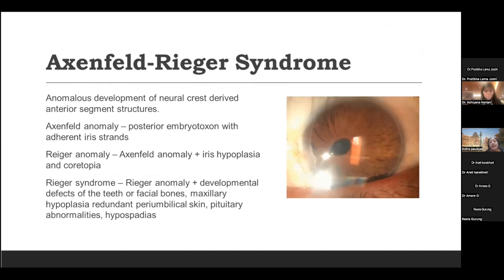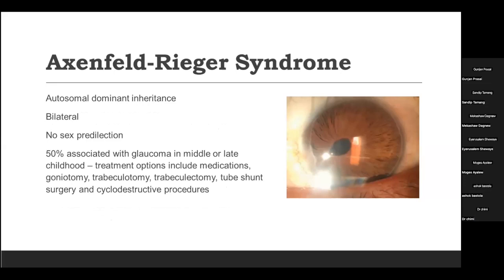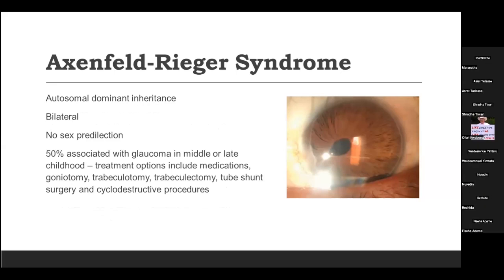And in Axenfeld anomaly, there is posterior embryotoxon, which you can see on the periphery, with adherent iris strands. Rieger's anomaly is Axenfeld anomaly plus iris hypoplasia. Rieger's syndrome is Rieger's anomaly plus developmental defects of teeth and facial hypoplasia, pituitary abnormalities, etc. Axenfeld-Rieger syndrome is an autosomal dominant inheritance.